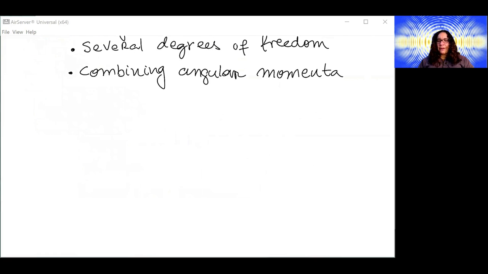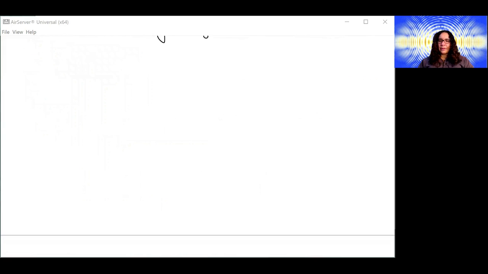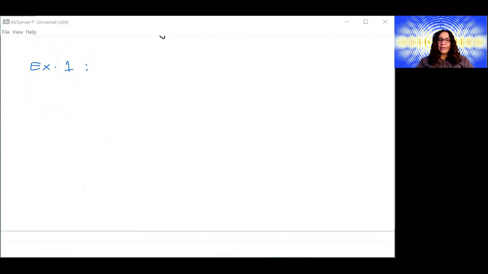And I'm going to give you a very simple example, which is convenient for us, because here the state space, when you try to combine, is going to be 4-dimensional only. And these are 2 spin-half particles. So first particle spin up and down, second particle spin up and down.